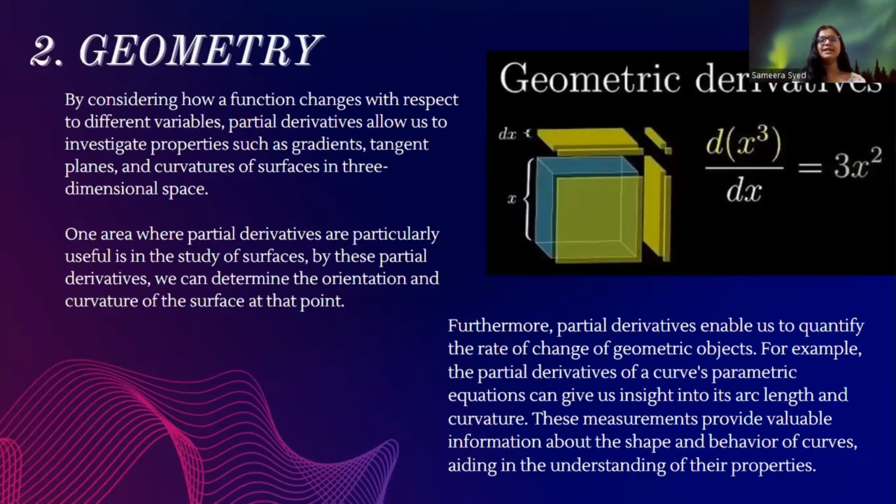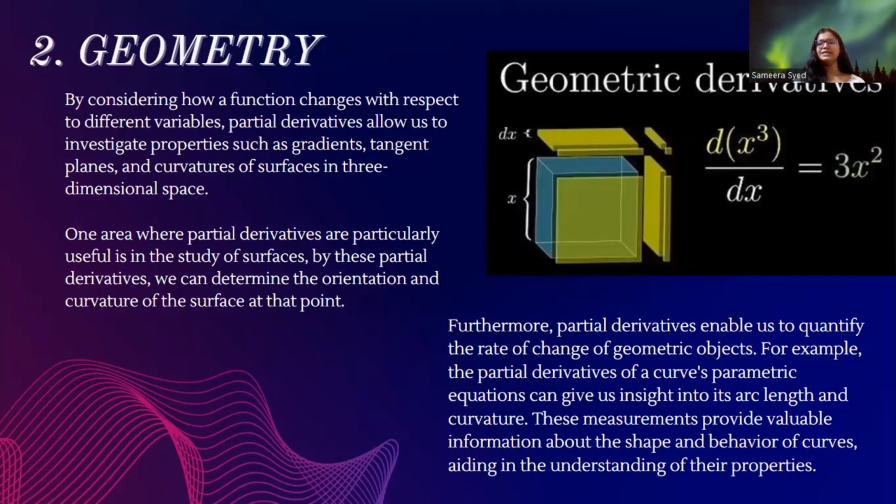Geometry. By considering how a function changes with respect to different variables, partial derivatives allow us to investigate properties such as gradients, tangents, planes, and curvatures of surfaces in three-dimensional space. One area where partial derivatives are particularly useful is in the study of surfaces. By using these partial derivatives, we can determine the orientation and curvature of the surface at that point.